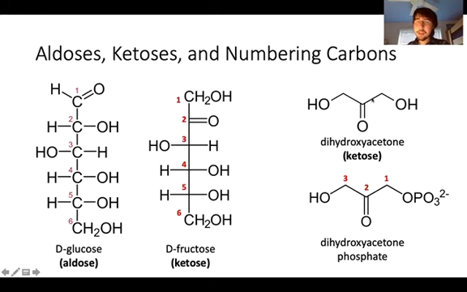Dihydroxyacetone is symmetrical, though. It's achiral. It has no carbon atoms with 4 different substituents on them. And so the 2 carbon atoms at the ends can be considered equivalent.